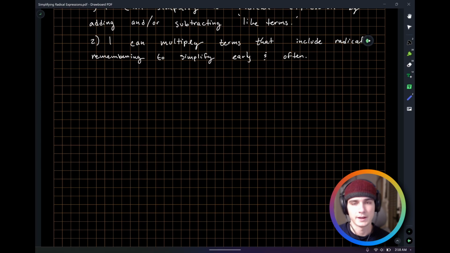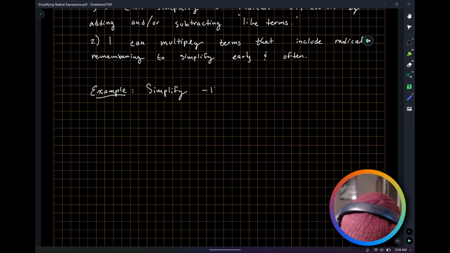So what do I mean by adding, subtracting like terms with radical expressions? Well, let's look at an example. Simplify. Say the expression is negative 11 times the square root of 21 minus 11 times the square root of 21.